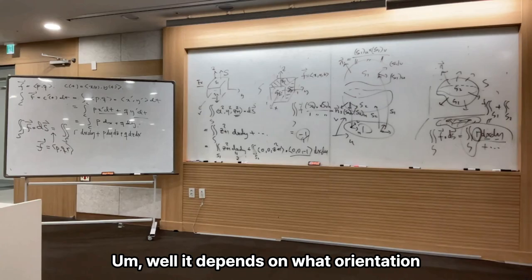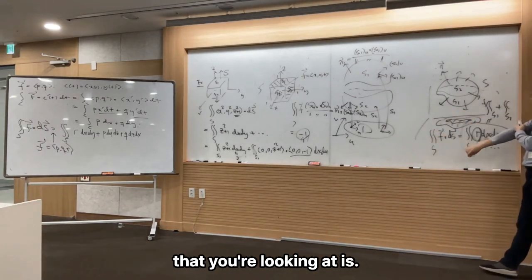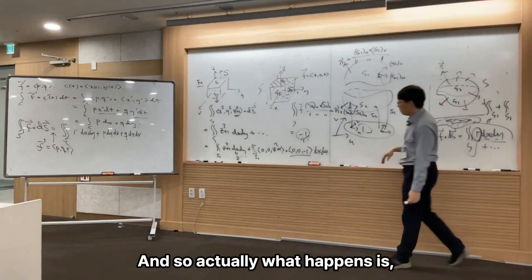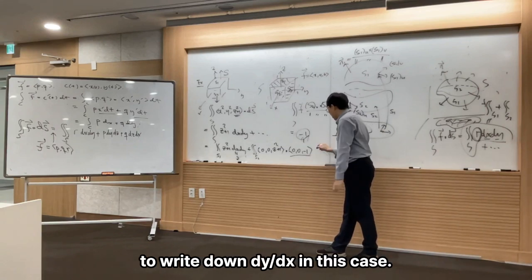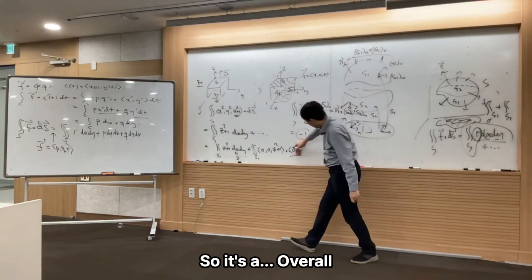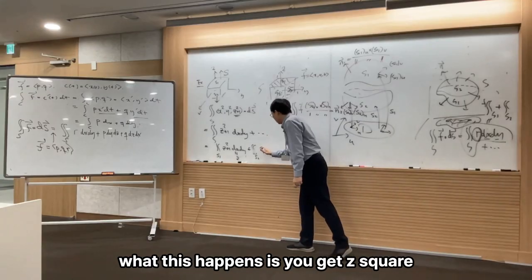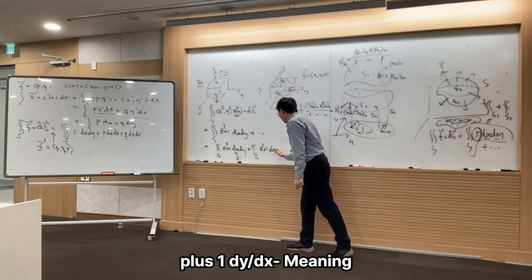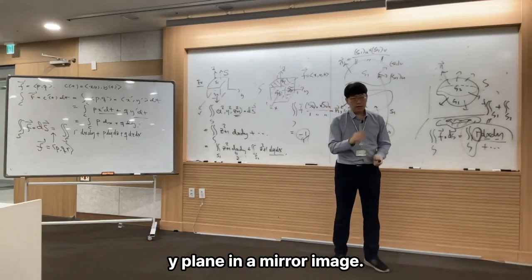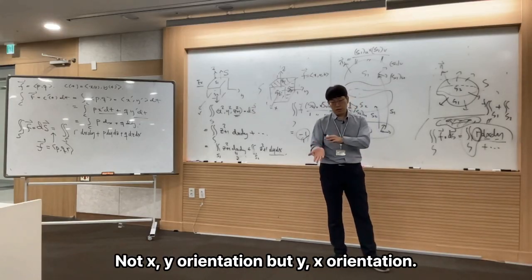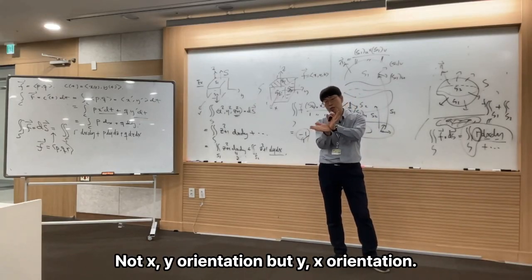It depends on what orientation you're looking at. In that case, you have to write down dy dx. So overall, you get z squared plus 1 dy dx, meaning that you're looking at your xy plane in a mirror image, not xy orientation, but yx orientation.